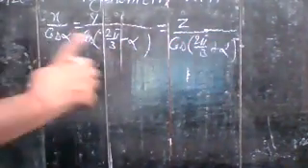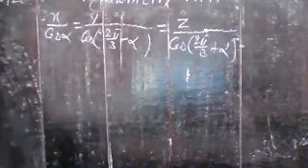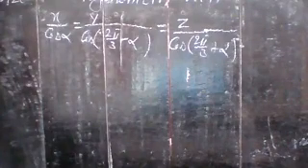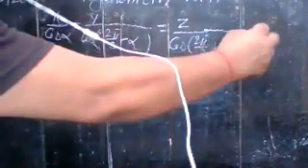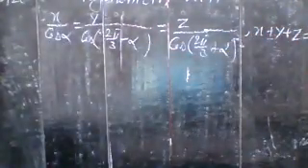It is given that all of them are equal. Then find the value of x plus y plus z. You have to find the value of x plus y plus z. That is required.